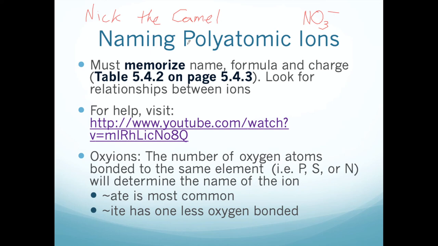I'm also going to get into the relationship between the -ates and the -ites, and especially if you scale that further up or down. So for example, the per-ates and per-ites and the hypo-ites. We'll get into that in a couple of slides. There's a good Crash Course video that goes over some of those nomenclature rules, so I recommend watching that if you get a chance.